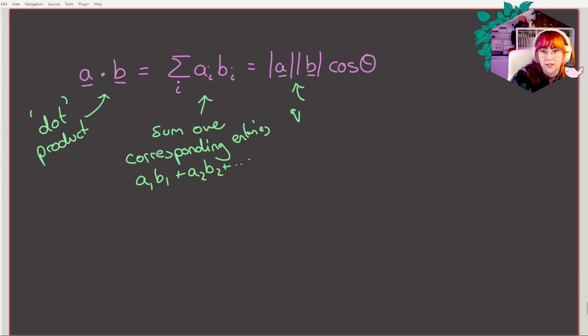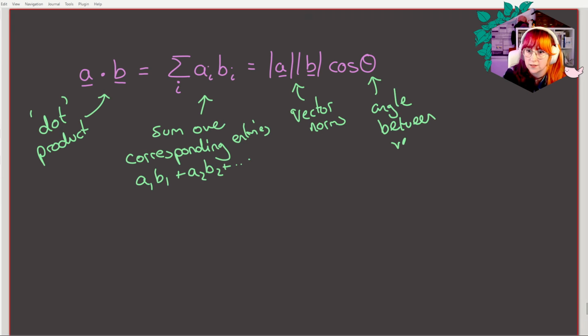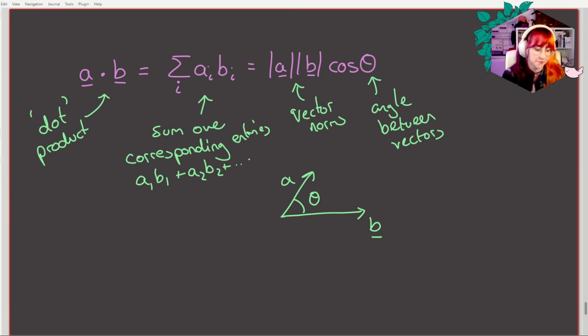These are our vector norms, cosine function, and the angle between the vectors. So if this is the vector A and this is the vector B, this would be theta.